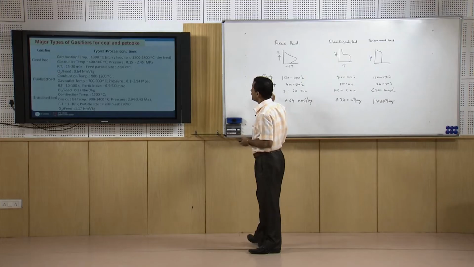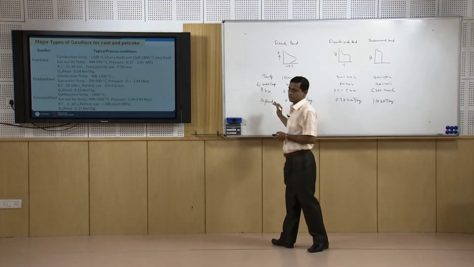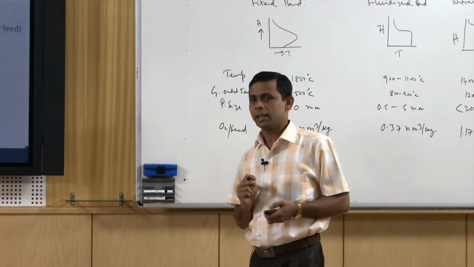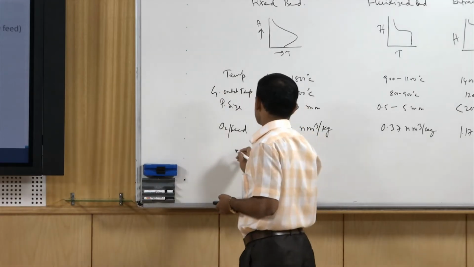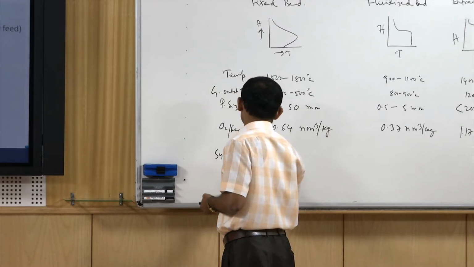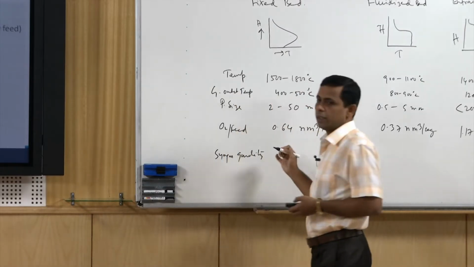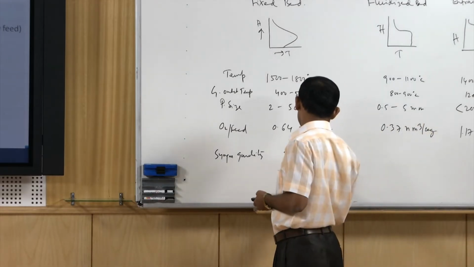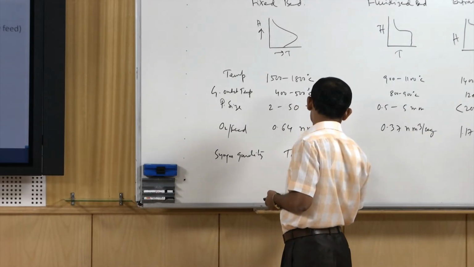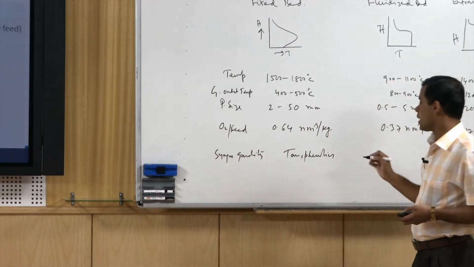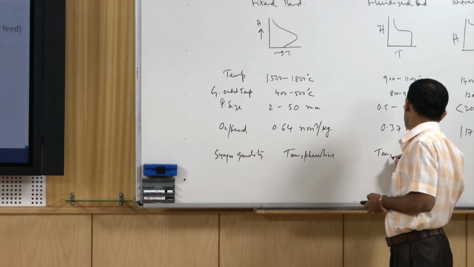So, these are the basic parameters which we can compare, and we also compare the quality of the syngas. The syngas quality for fixed bed will contain a good amount of tar and phenolics. Here the fluidized bed also will have tar and char.